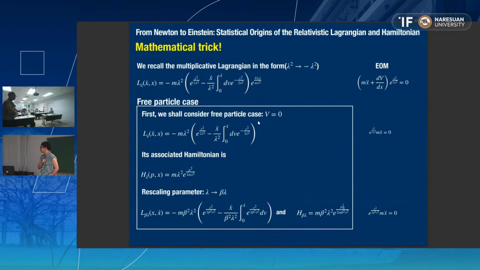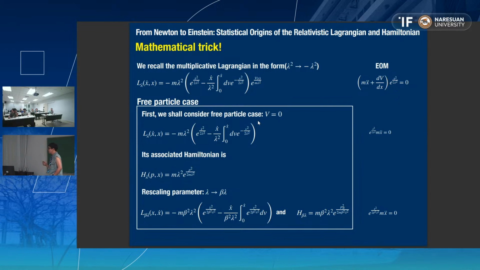Okay, so now we're going to do a metric. We noticed that we can swap the sign of the lambda, and you get this Lagrangian and still produce the same equation of motion, with the factor here as well.